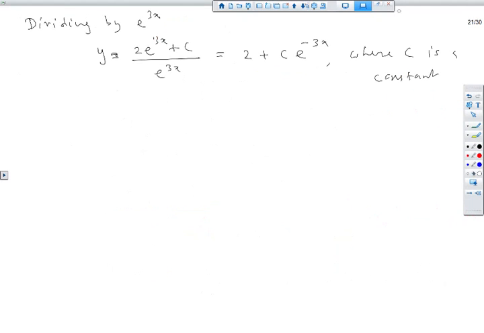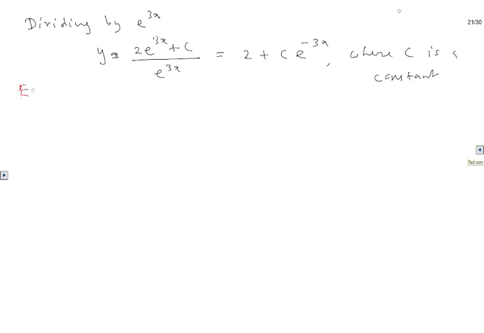Good. I'm going to give you an exercise to try, and the solutions will be in the description. Exercise 1: solve dy over dx minus 2y equals 12.